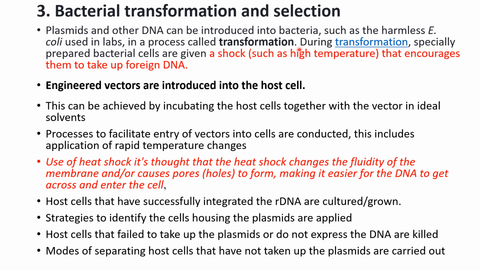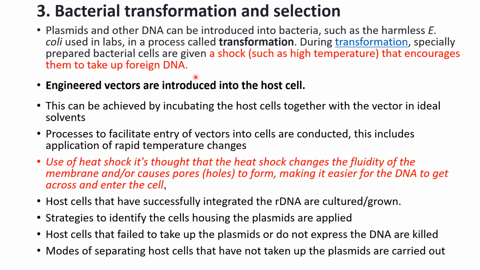During transformation, specially prepared bacterial cells are given a shock. How then do these bacteria take up these plasmids that contain our DNA of interest? They are given a shock, such as a high temperature, that encourages them to take up foreign DNA.